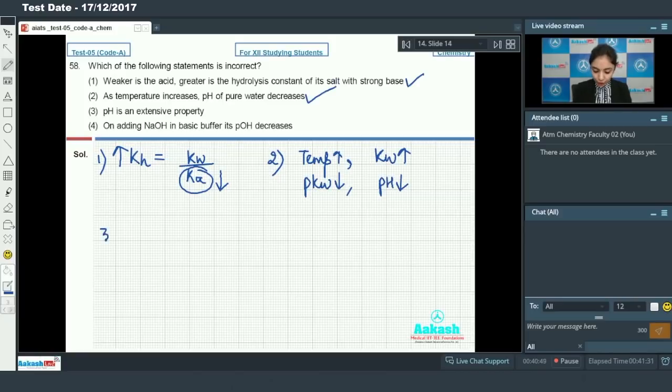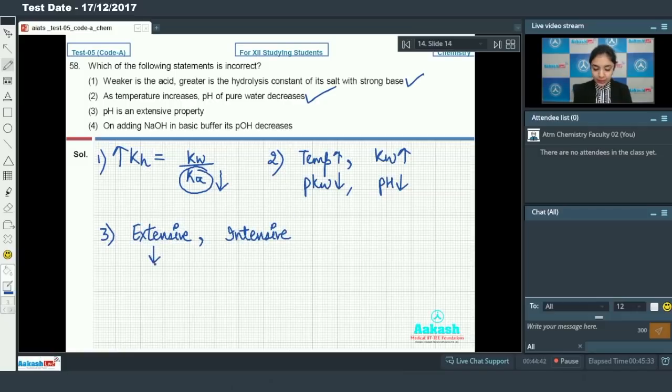Now you have in the third option, that pH is an extensive property. There are two types of properties. First is extensive and another one is intensive.